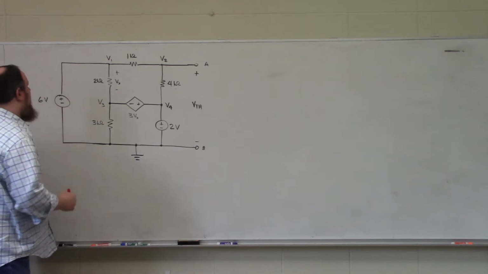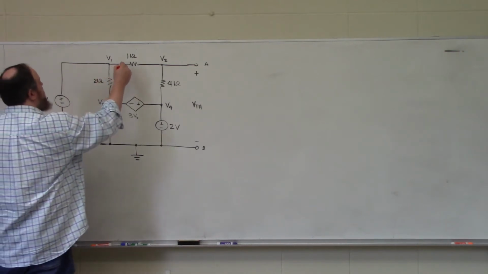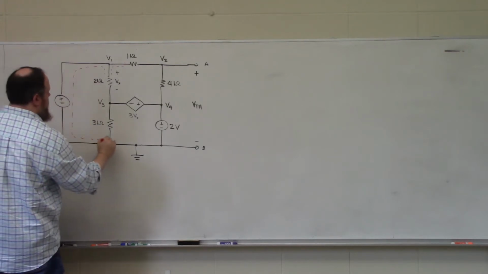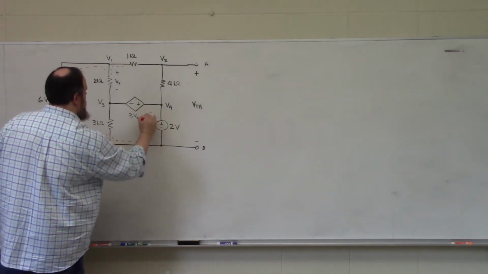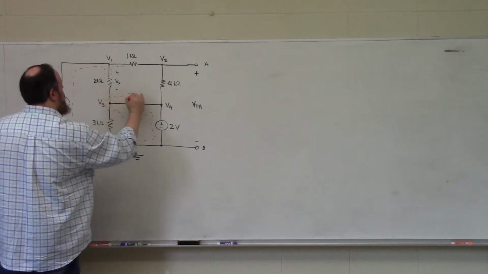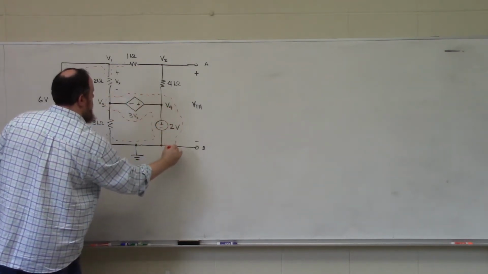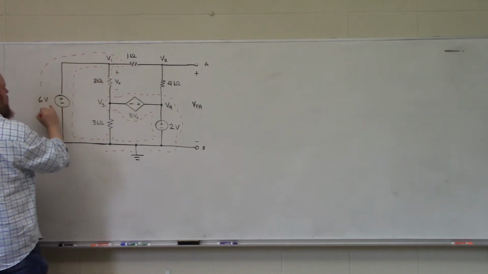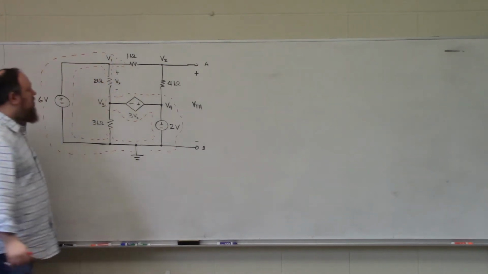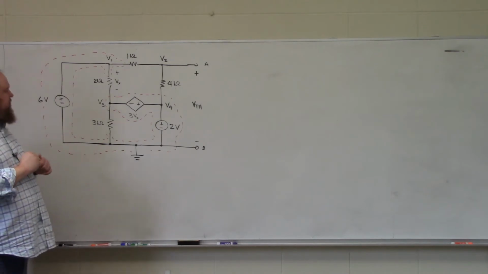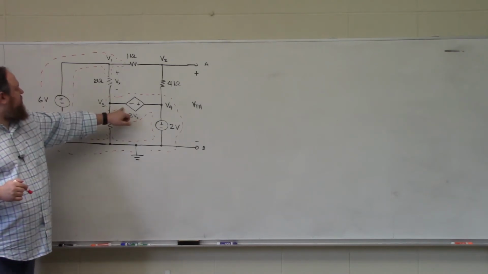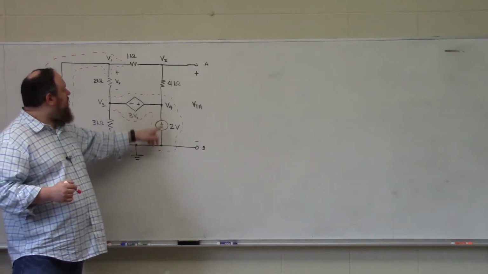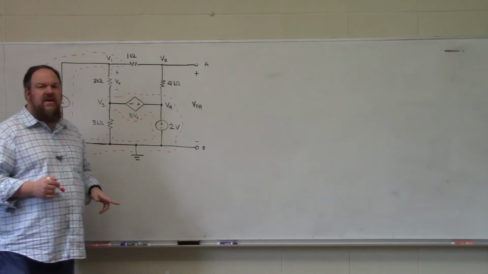So I'm going to have a super node, as it were, that's going to enclose all of this, because all of these voltage sources, like the voltage source between node 3 and node 4, are connected to the supernode between V4 and ground.